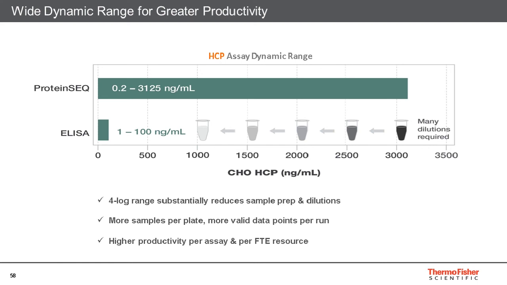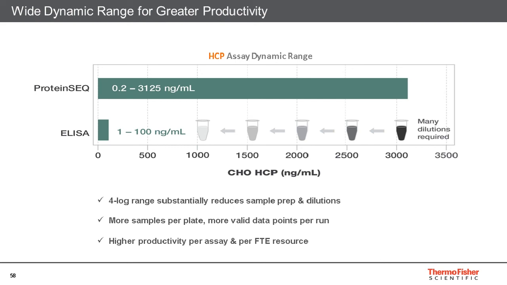So it's extremely useful, in particular in purification process development, when a high number of samples will come to your laboratory for HCP testing. And obviously, they're all of unknown content, and ELISA has a narrow dynamic range.